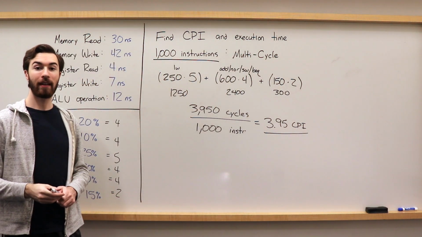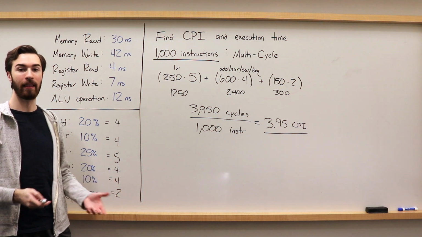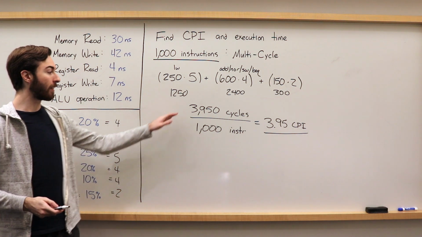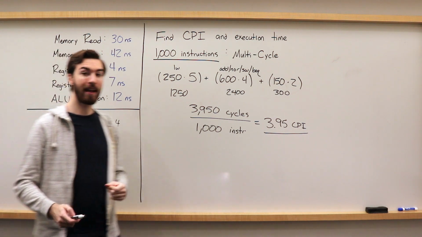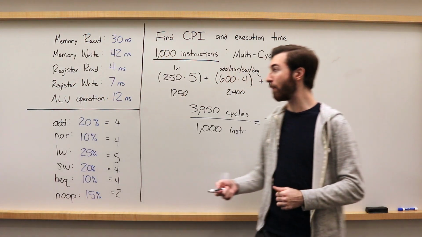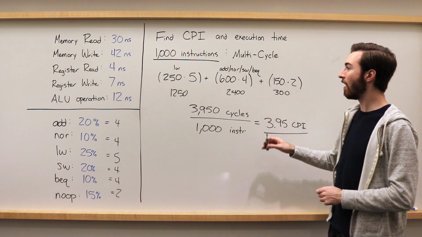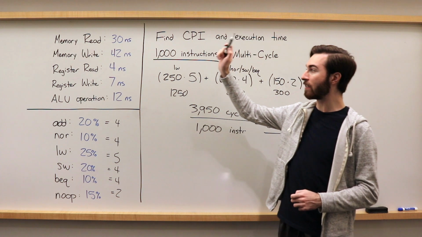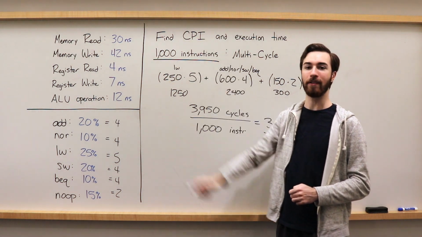And now if we want to calculate the execution time, we need to do something very similar to what we did in the single cycle case, where we take the number of cycles and multiply it by the clock period. But this time, unlike the single cycle, the clock period isn't defined by how long it takes the longest instruction to execute. It's defined by how long the longest component takes to execute in each of these 5 components.